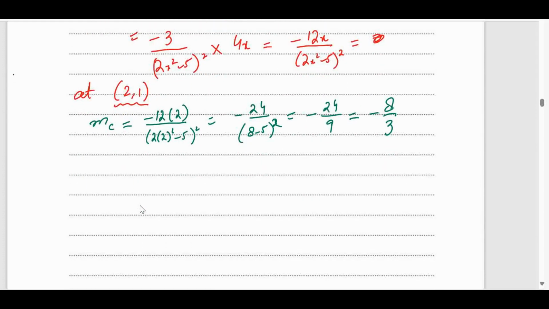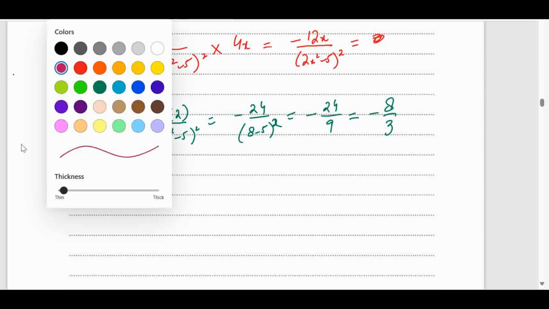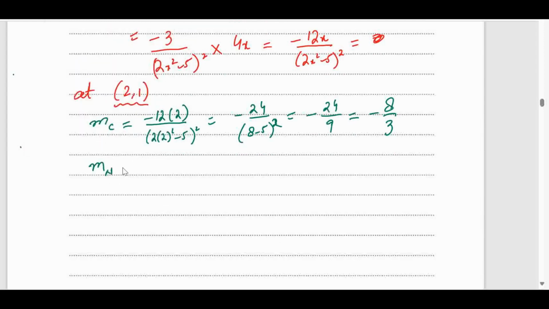Now we need to find out the gradient for the normal. The gradient for the normal will be the negative reciprocal of this, so this will be 3/8. Because we know that if this is the curve and this is the point with coordinates (2, 1), and this is a normal line, then the product of the gradient of the curve and the gradient of the normal will be equal to −1.